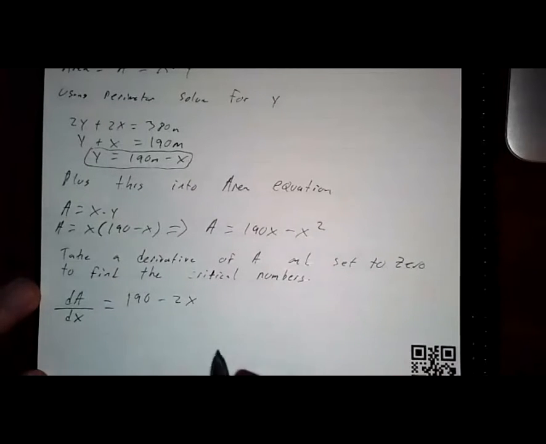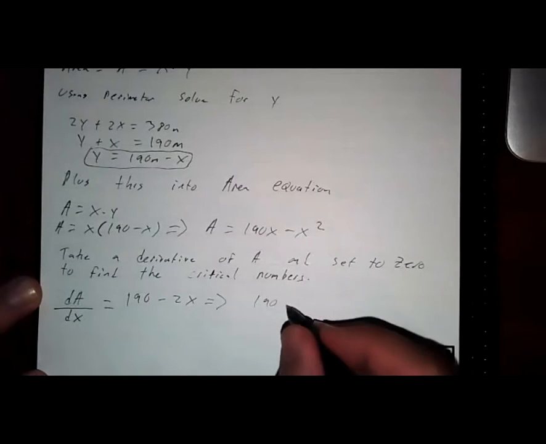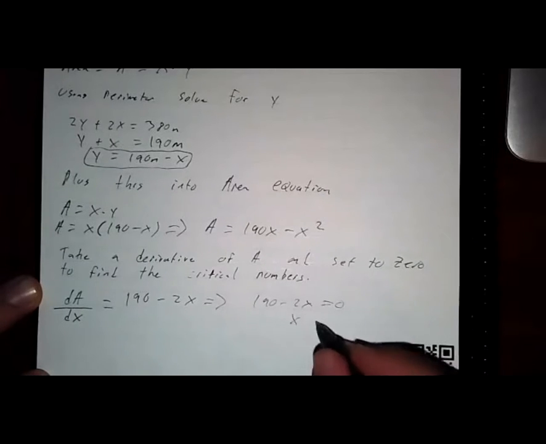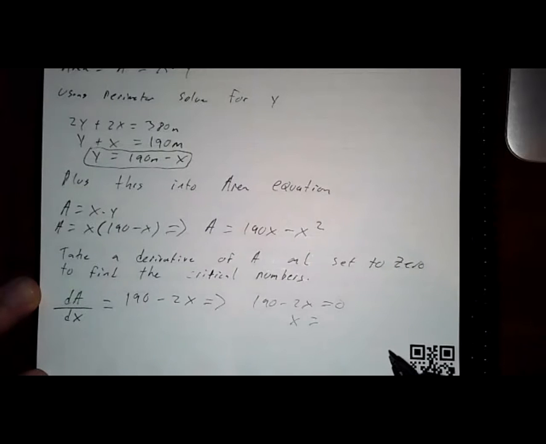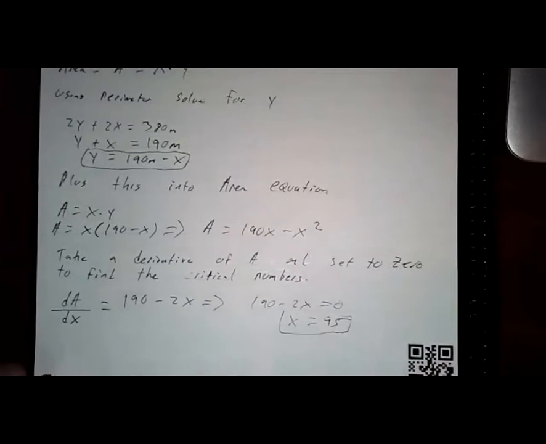So set this to 0. That would be 190 minus 2x equal to 0, which would give us x equal to what? 95. So this is our possible maximum or minimum.